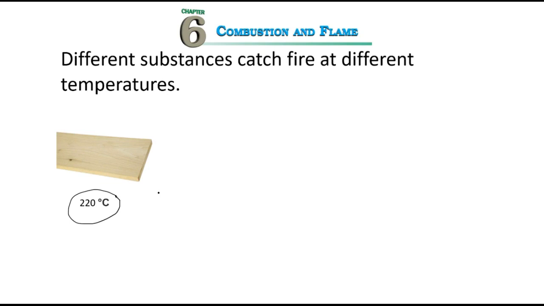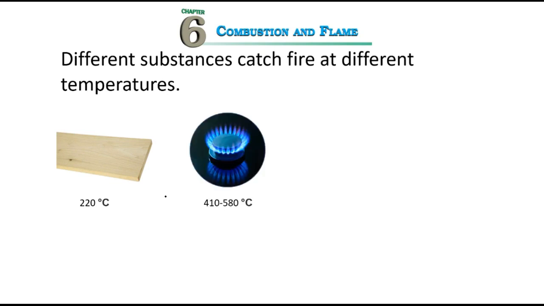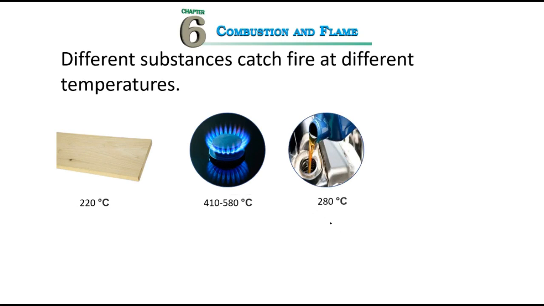LPG, liquid petroleum gas, requires 410 to 580 degrees centigrade to get into the flame. What about petrol? Petrol requires around 280 degrees centigrade. These are the minimum temperatures, or we can call them the lowest temperature, which these substances require to burn.